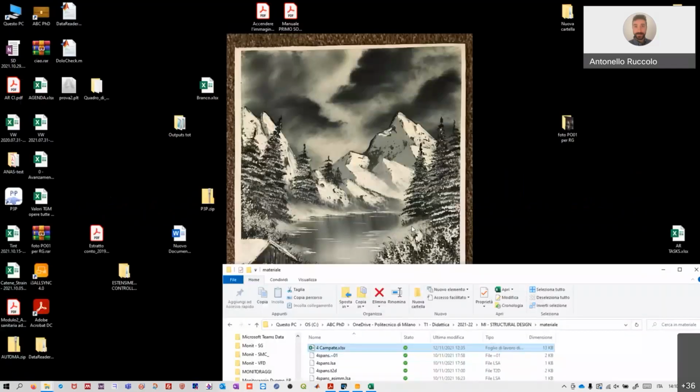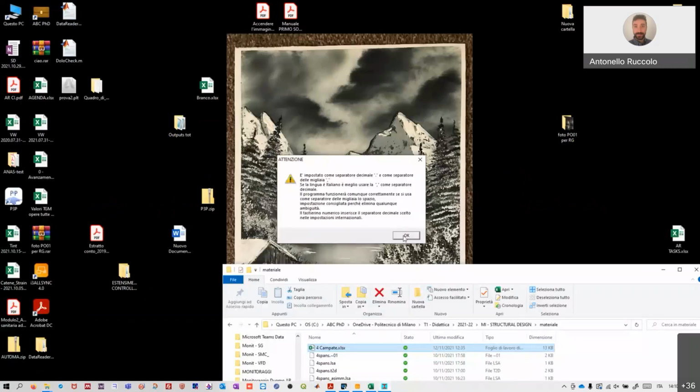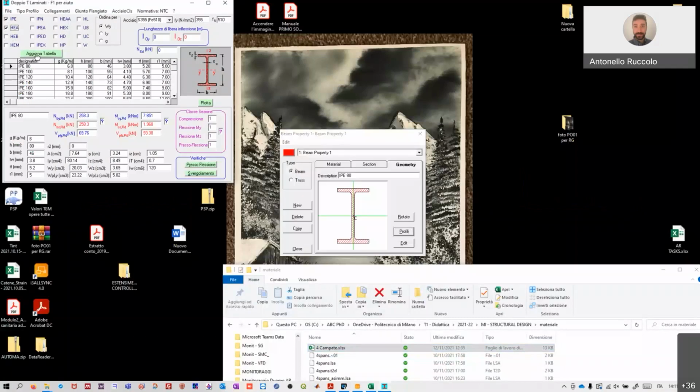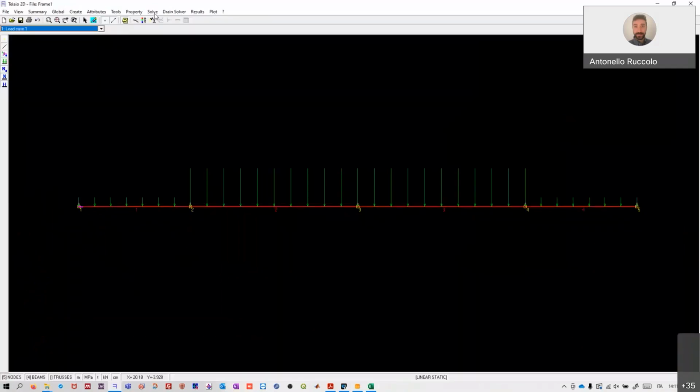We can change it. Maybe HPA. This is a problem that can occur when we have too large deflections, and the software just tells us.